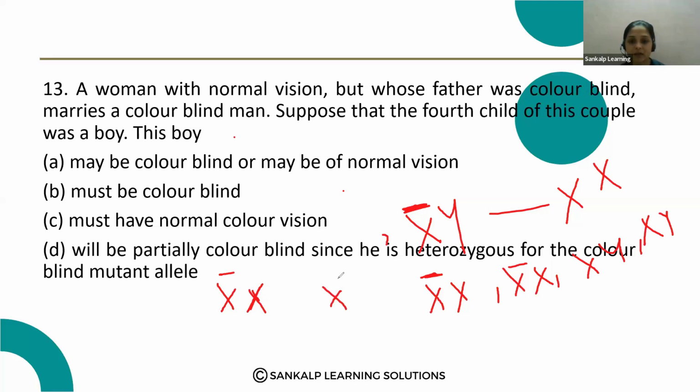She marries the colorblind man. Here, what will the offspring be, or what will the fourth child of this couple be? First XX carrier, XY colorblind, or XX, XY.